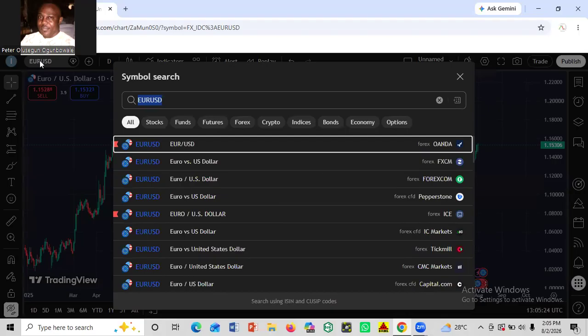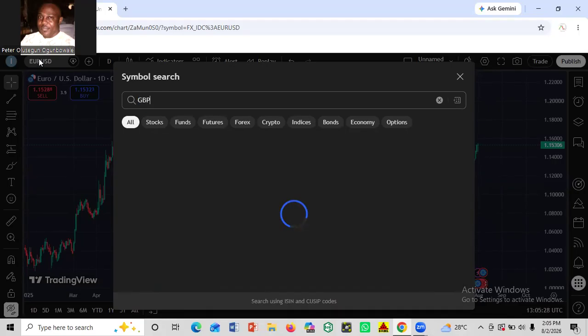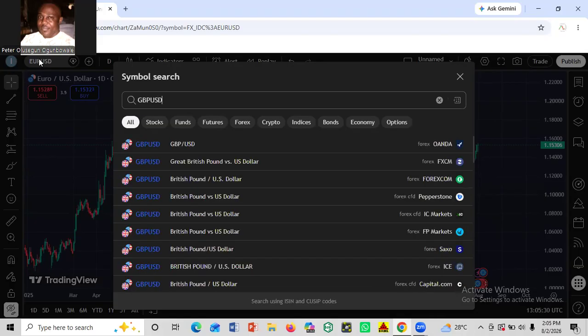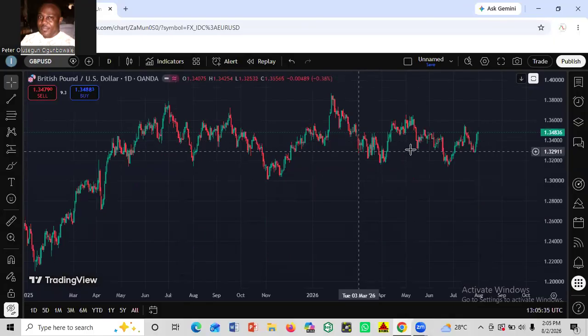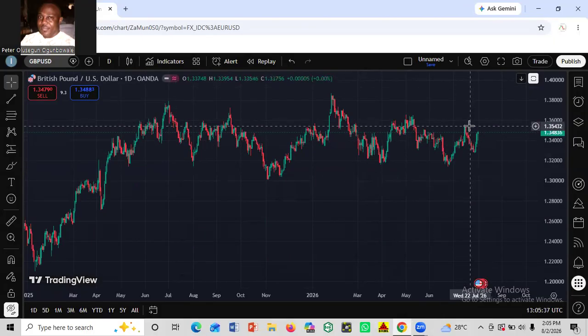USD. USD also is the same thing. So we are seeing this as a potential A, B. We might see a correction. So we should be looking for correction. This is not where to want to buy.